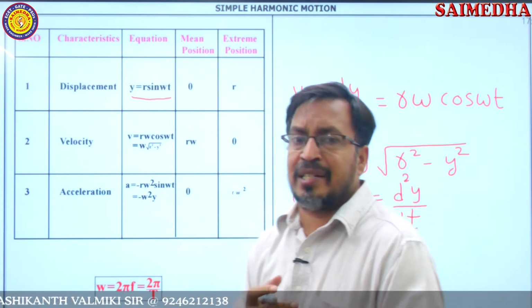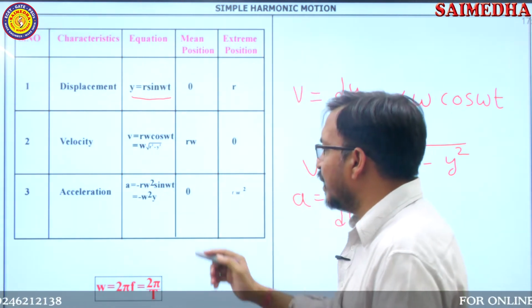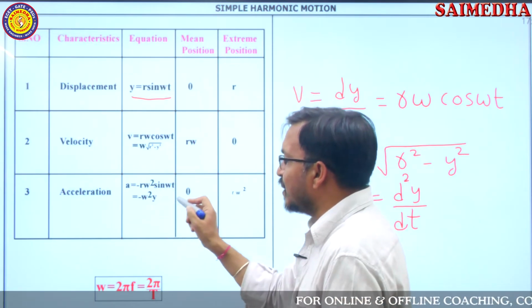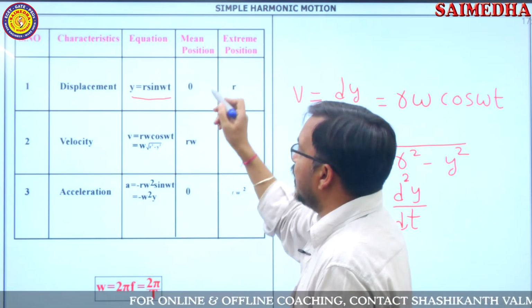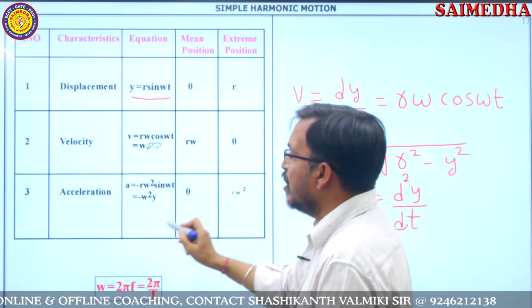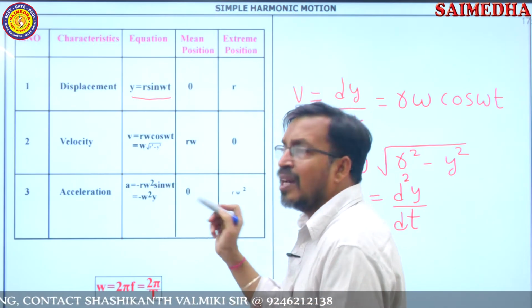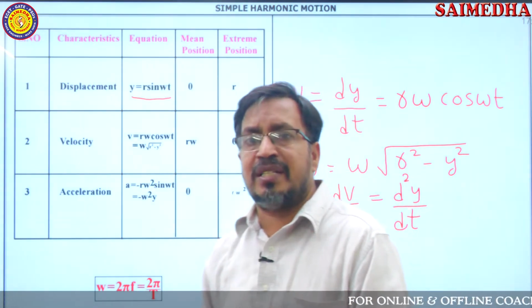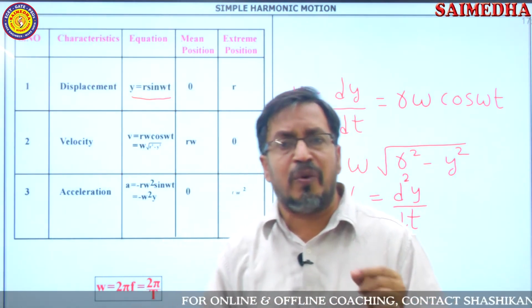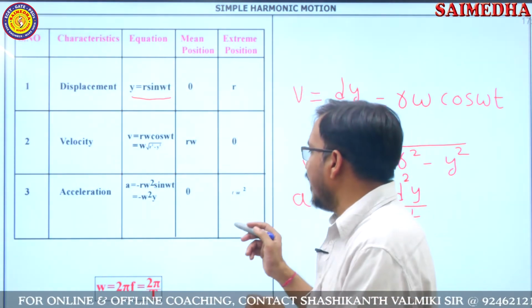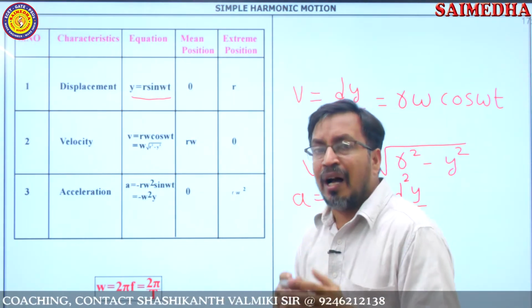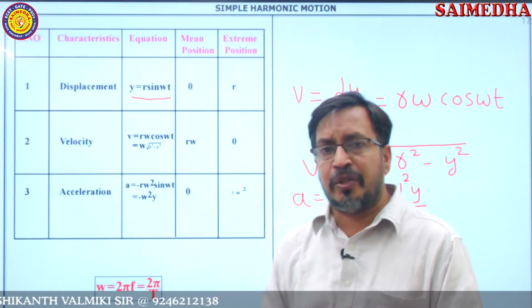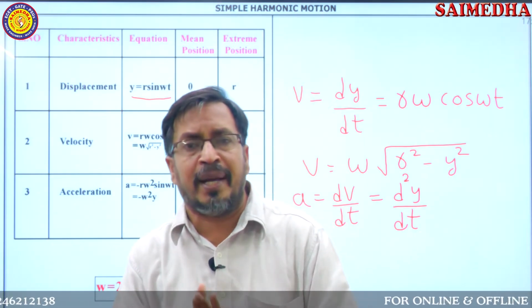Similarly, acceleration equals minus omega square y. At mean position the displacement is 0, therefore acceleration is also 0. And finally, at extreme position acceleration equals minus r omega square, or if you consider only magnitude, that is r omega square.